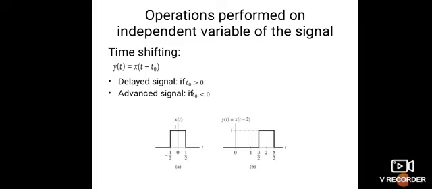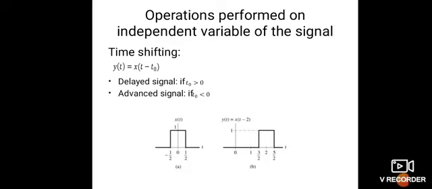That means it goes to the negative axis. So it advances. The function is an advanced function if it is shifted to the left side. So if t0 is greater than 0, it is a delayed signal, and if t0 is lesser, it is an advanced signal.